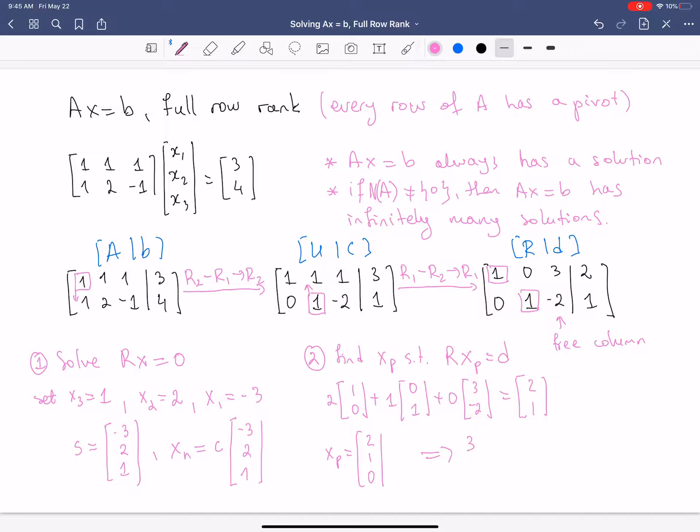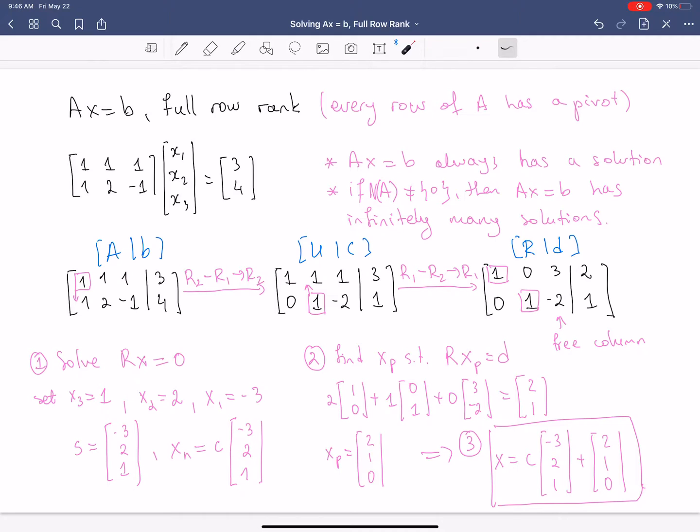Putting those together gives us the general solution x, which is c times negative 3, 2, 1, plus the particular solution 2, 1, 0. So now any solution to the system Ax equals b must be in this form. Depending on your choice of particular solution, that c might change. But again, if we're using the matrix R and the vector D, then finding that solution is very easy, as is finding the solutions to the null space problem.